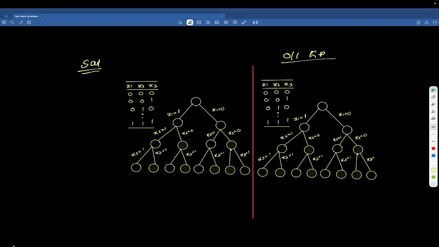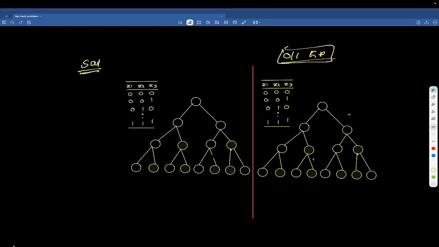If we see the diagrams on both sides, and if we remove the labels on them, then it is difficult to figure out which diagram is for which problem. It implies that both problems, the satisfiability and the 0/1 knapsack problem, are identical.